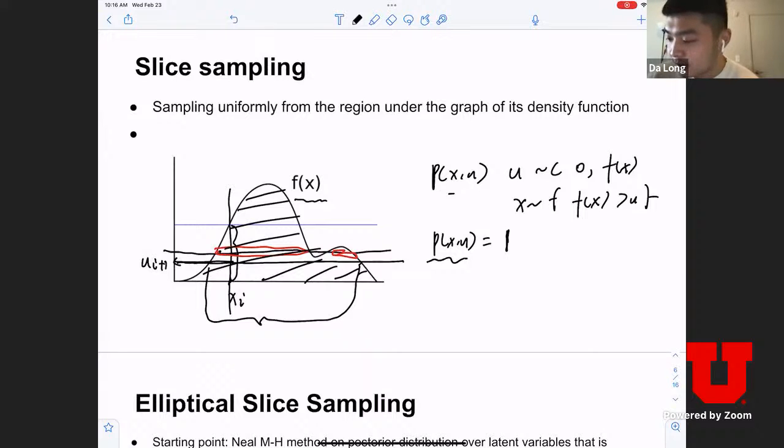It's a uniform distribution. But what's the domain for x and u? The domain is the region under the density function. So the joint probability happens to be constant 1, and then if we marginalize u, we will have p(x) be the desired distribution, the density function.